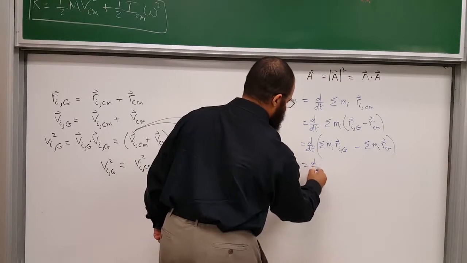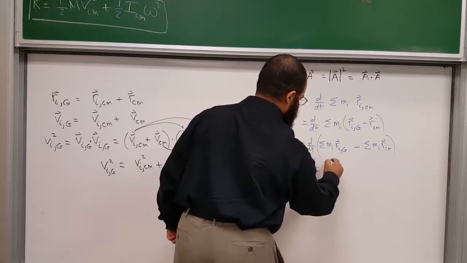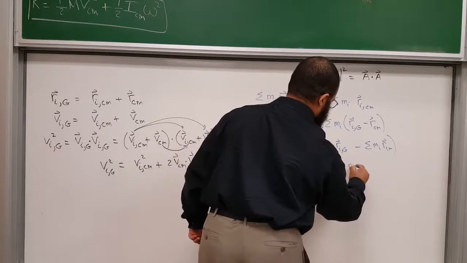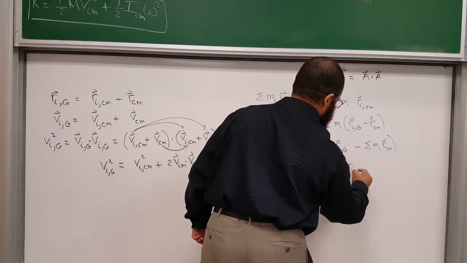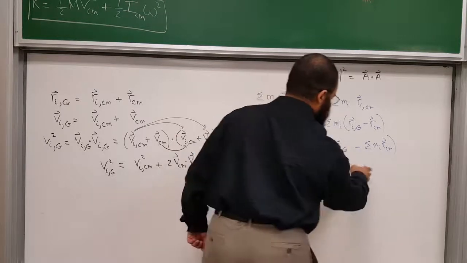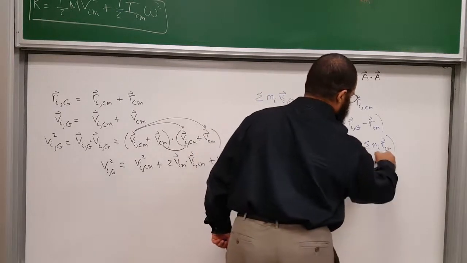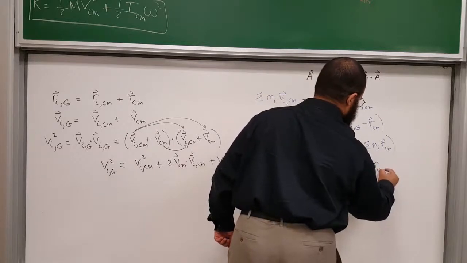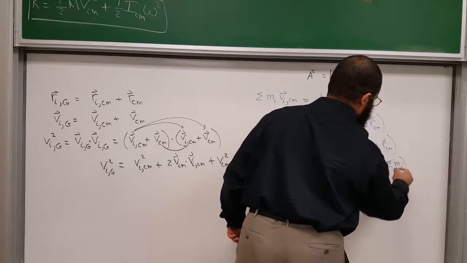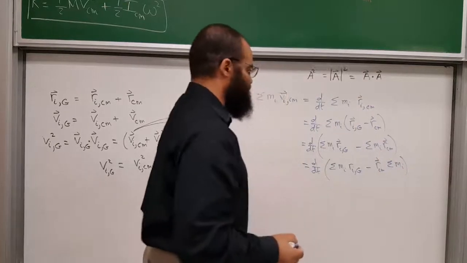Well, it's d/dt of the sum over mi ri relative to the ground minus r center of mass times the sum over mi. What is the sum over mi? Well, that's the total mass.